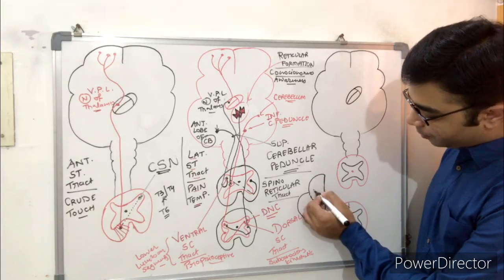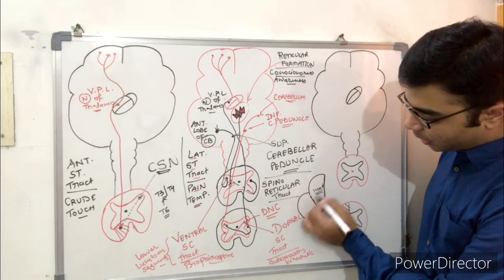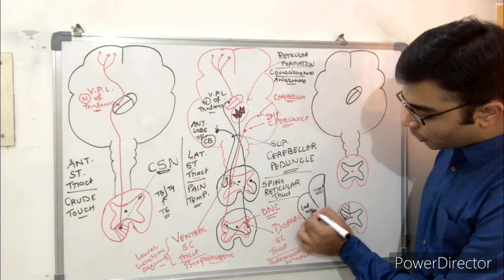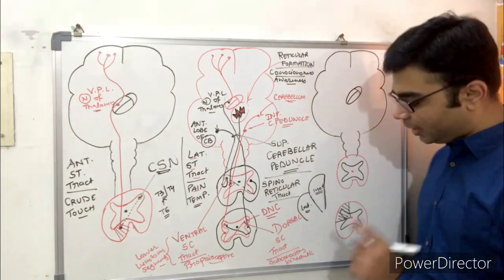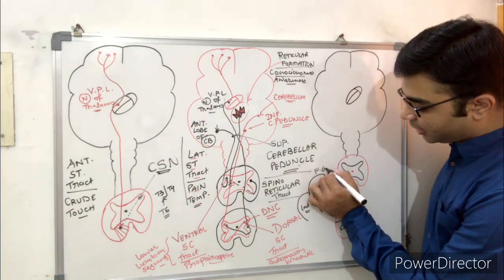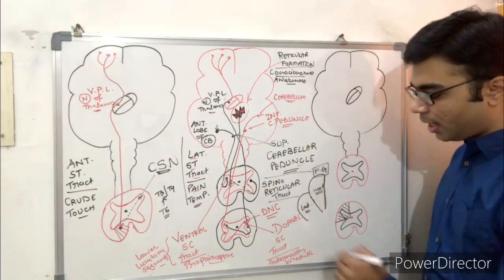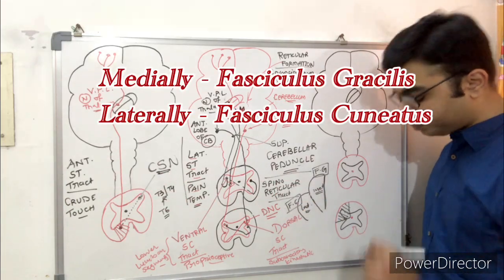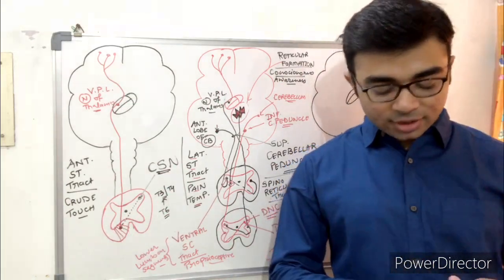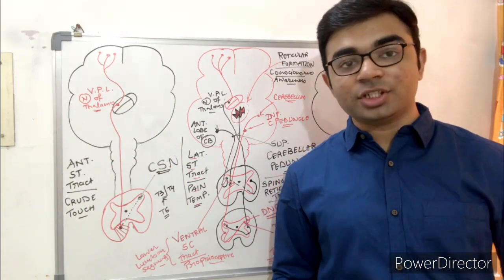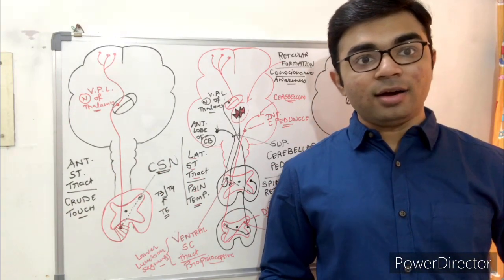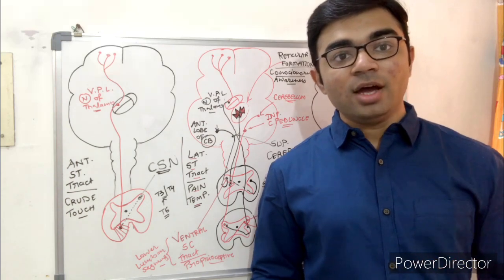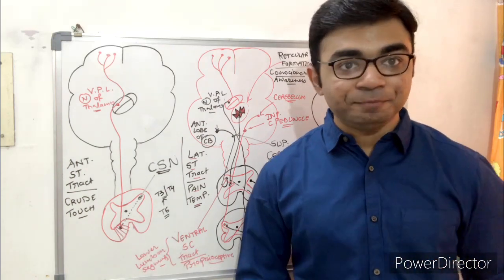This is the medial area, and this is the lateral area. In the medial area lies the fasciculus gracilis, and in the lateral area lies the fasciculus cuneatus. And these are mainly formed by the posterior nerve root ganglia.